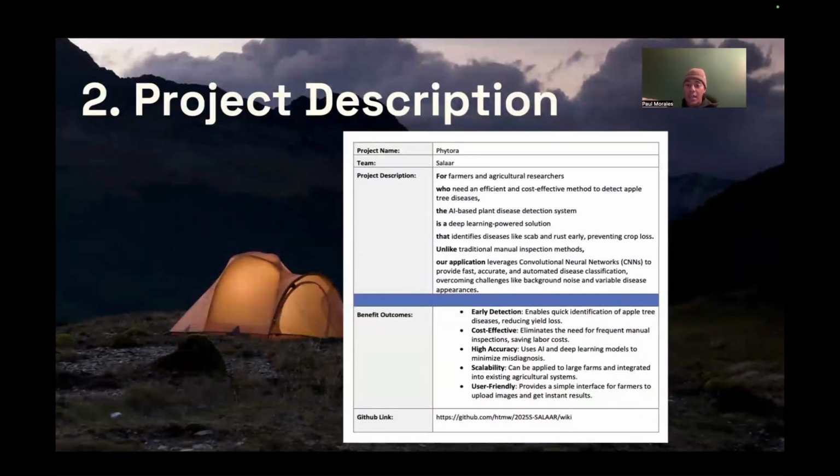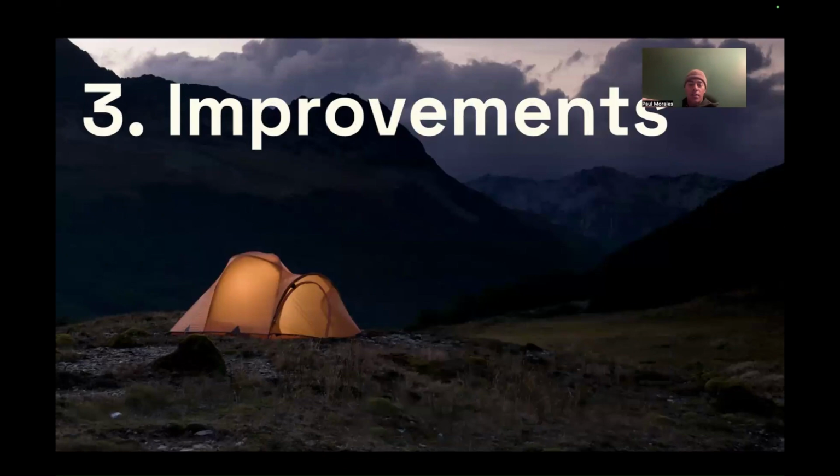They are early detection, so the faster you can detect that there's a disease in the plant, the more likely it is that you are able to save it. Like I mentioned before, it's cost effective, with high accuracy because the AI and deep learning models we use will minimize misdiagnosis. It's very scalable, so with more users we'll still maintain functionality, and very user friendly. So go on to the next slide, please.